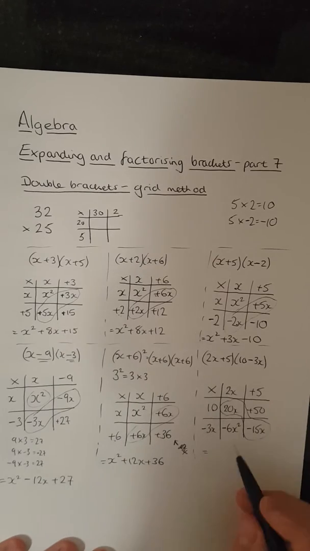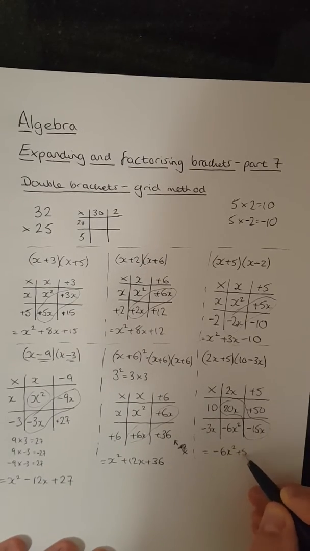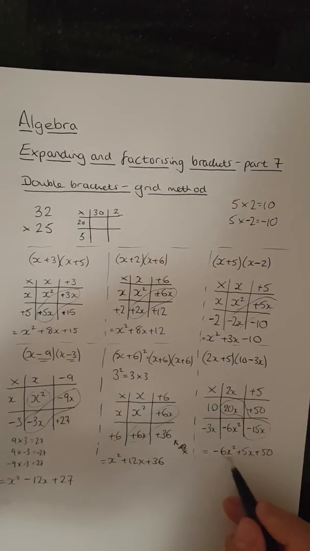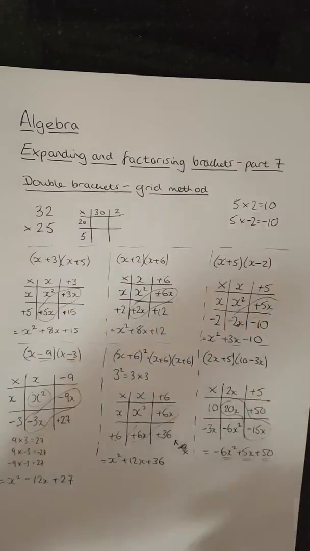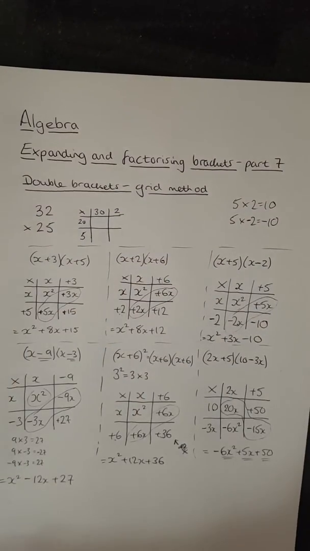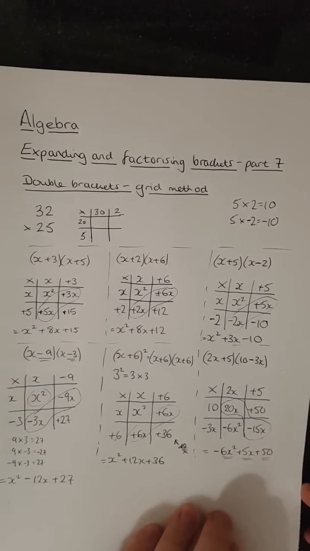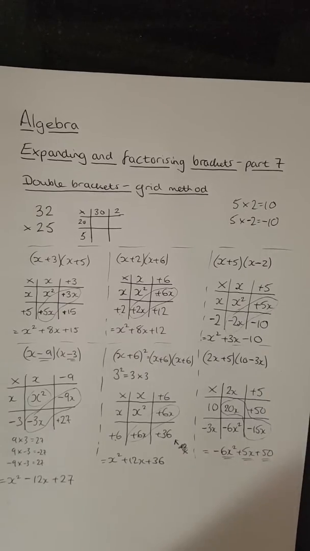So it's not always the same direction. I put my x squared term first, then my x term, then my number term. How does this work if there are more than two things in a bracket is my last question, and then we're done.